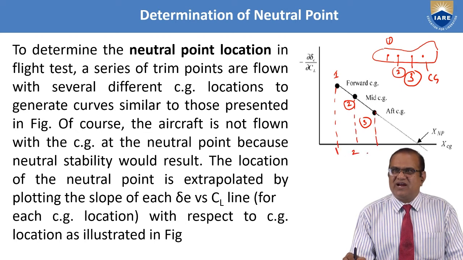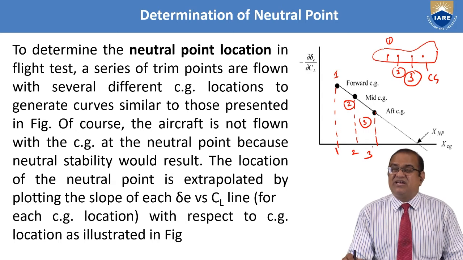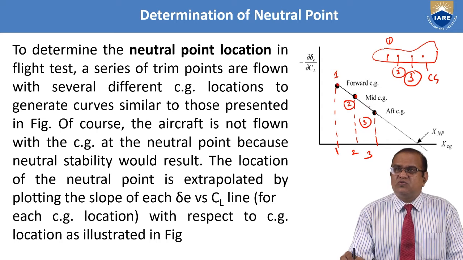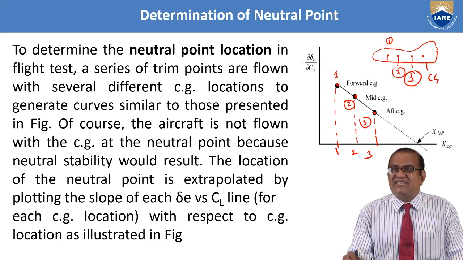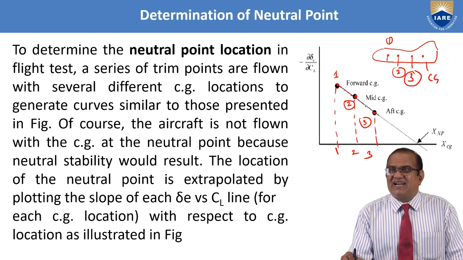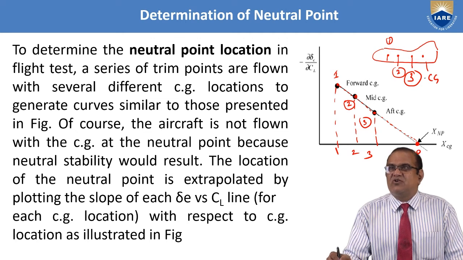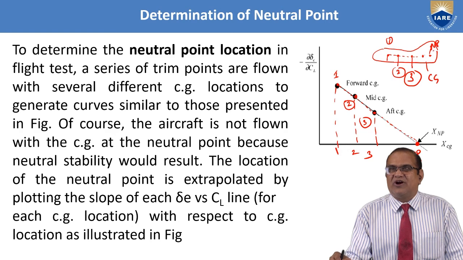In these 3 conditions, if we extend this with a straight line, we will get a point, and this point is called the neutral point.